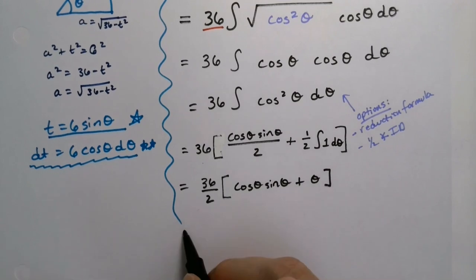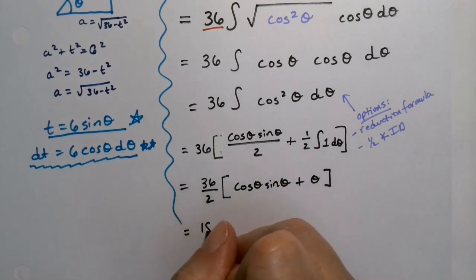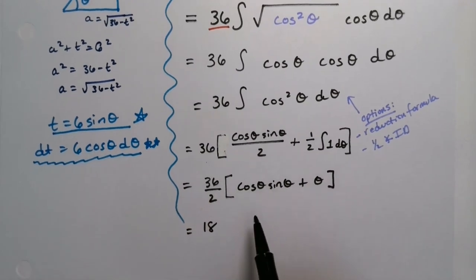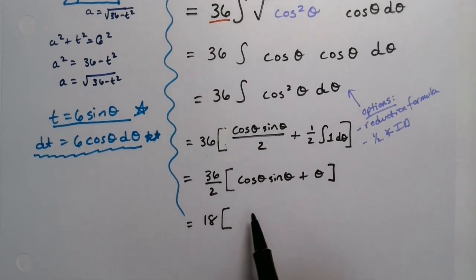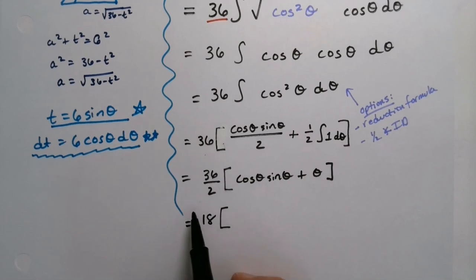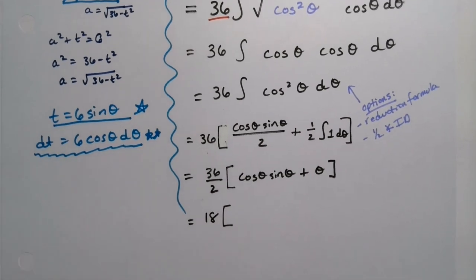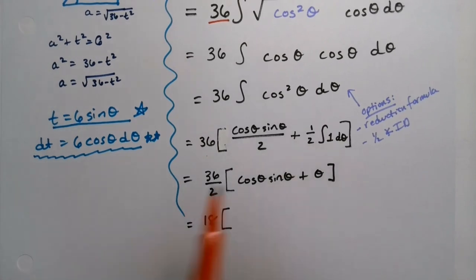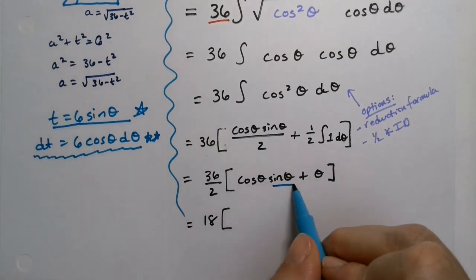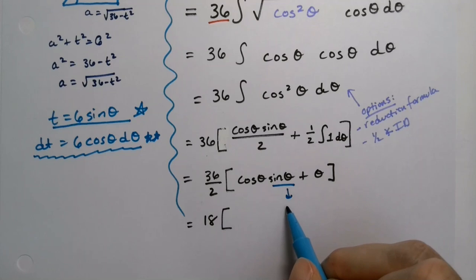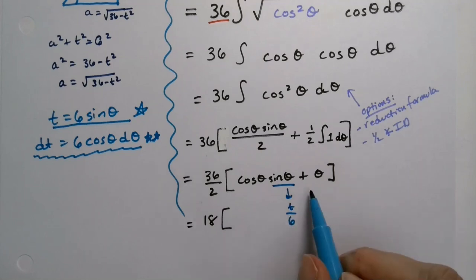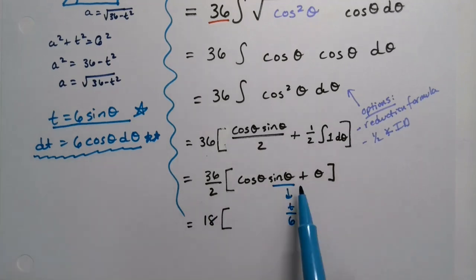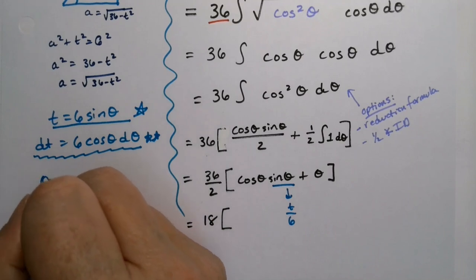So that means that I have 18, and then theta. Oh, I never figured out what theta was in terms of t. I'll have to go do that. So now I've got to go back and figure these things out. Okay, so sine of theta I know. Sine of theta is t over 6. So this piece would be t over 6. Theta I never figured out, so I was just avoiding it, but I'll do it.